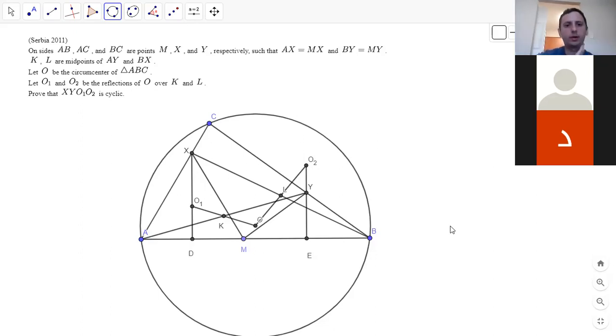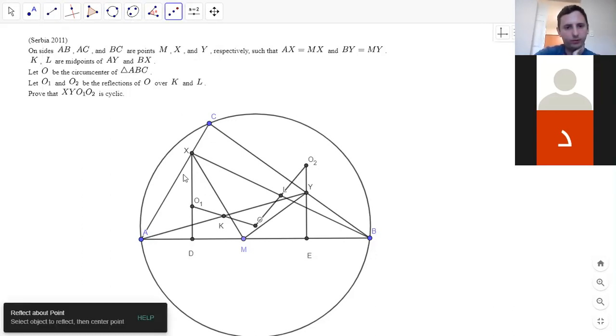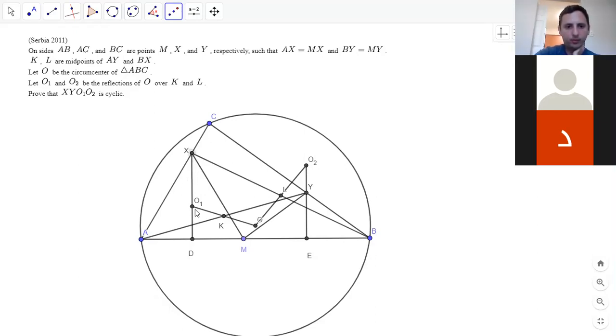That almost doesn't seem like it should be that hard. So basically, I wonder if that's just like a length bash. Because if I draw the midpoints here, the midpoint of XO1 and the midpoint of O2Y, if we could show that FG is parallel to AB, that would solve it.